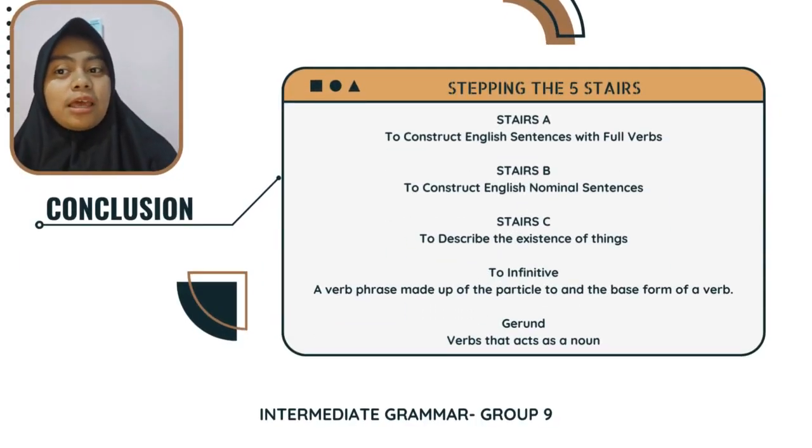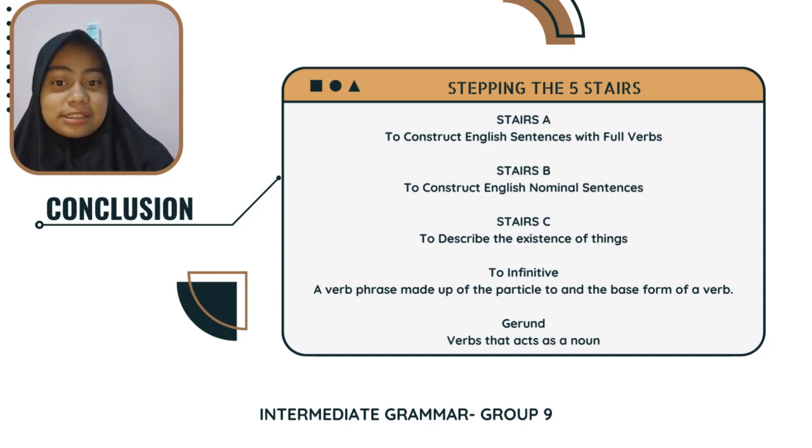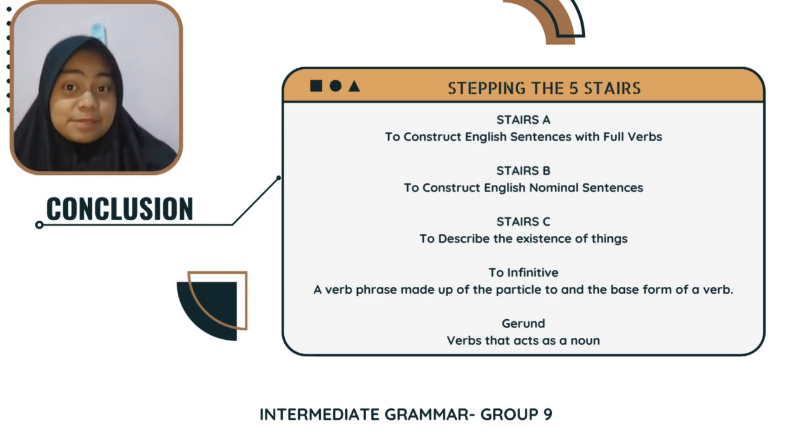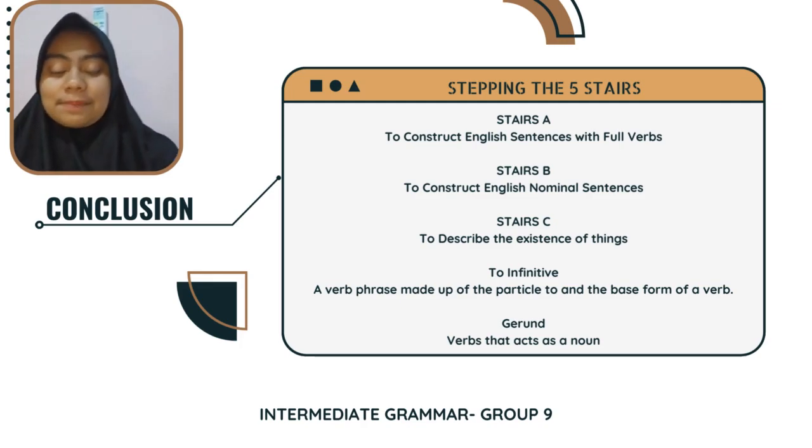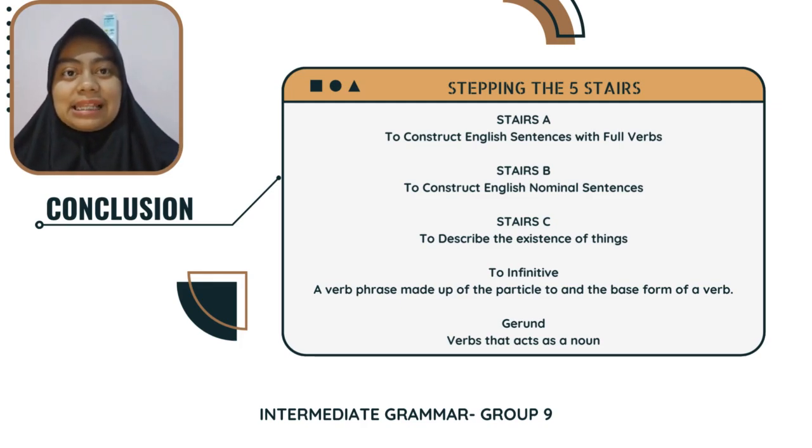Alright, now you already know how to form gerunds and how to use them in daily speaking. In grammar, the important thing you must know is that not all verb-ing forms are gerunds, like I explained before in the first slide, because verb-ing sometimes is a present participle, not a gerund.